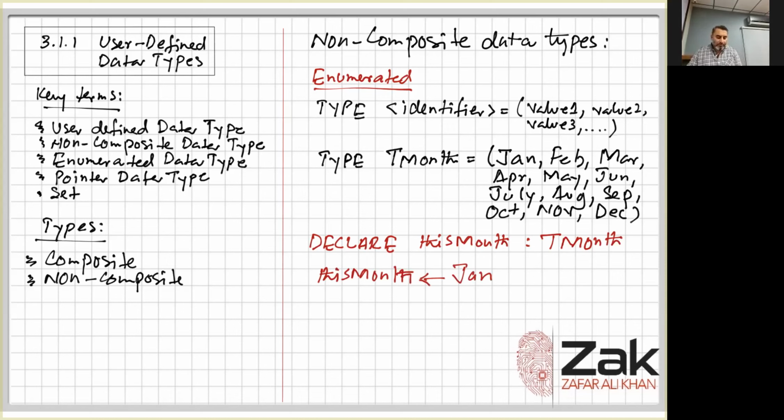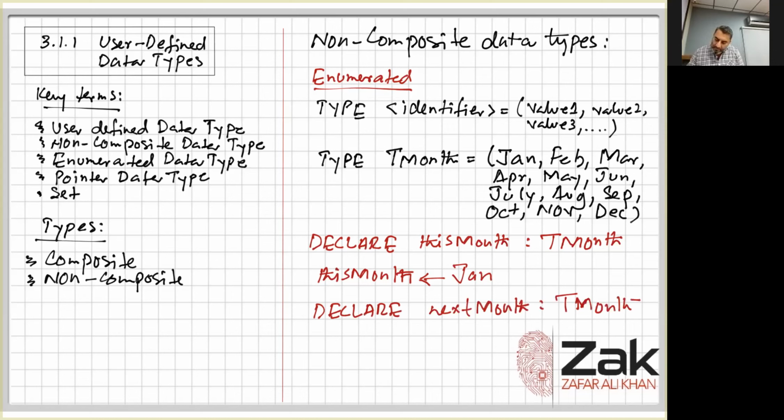Remember not to put it in any quotation. Another variation could be declare NextMonth as TMonth as well.